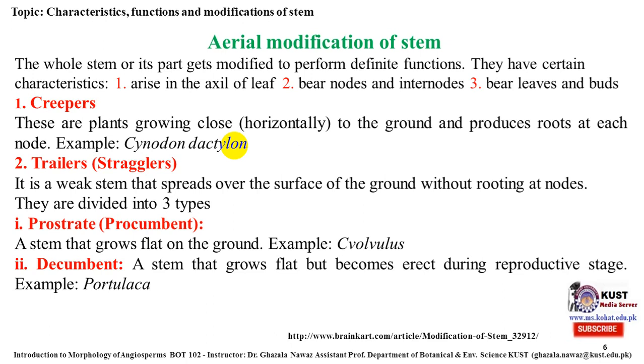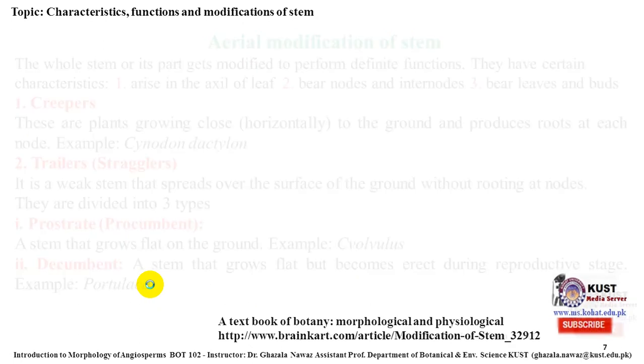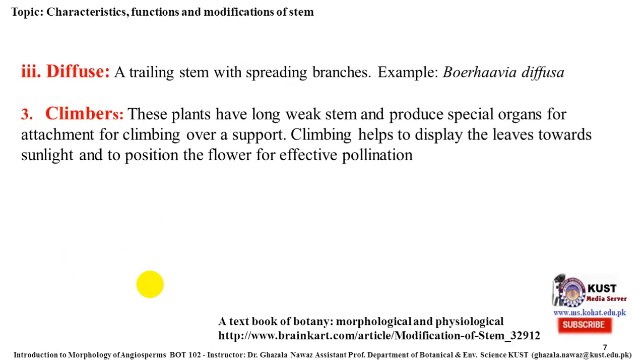If you recall the Portulaca plant, it grows flat, but when it is about to flower, its stem grows erect. The third type is the diffuse type, a trailing stem with spreading branches. The example is Bauhinia diffusa.